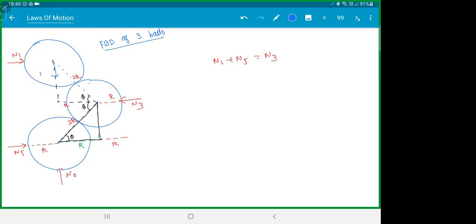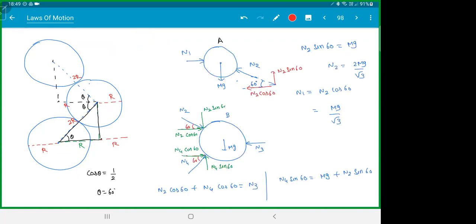And the weight will be mg, mg, and mg. And N6 will be 3mg. There, you will get N5 directly. From here, you can calculate N5: N3 minus N1. And N3 and N1 are calculated from the previous problem.